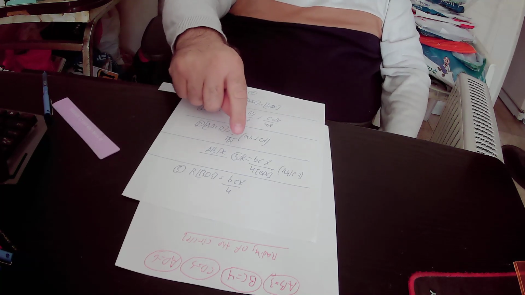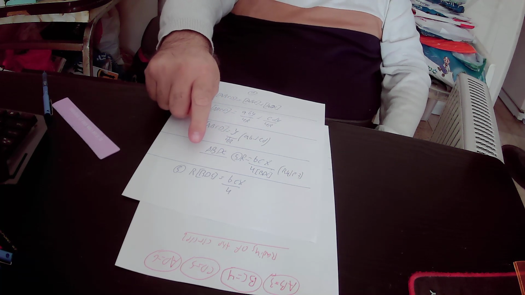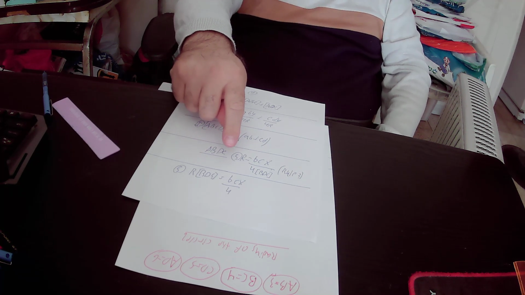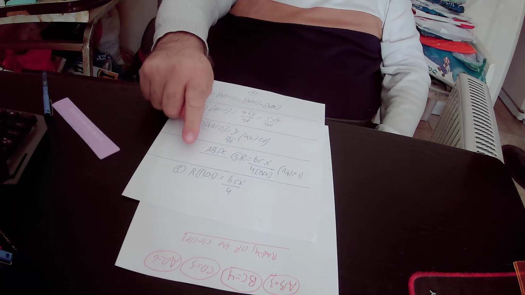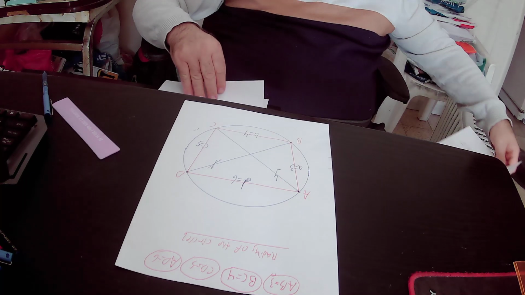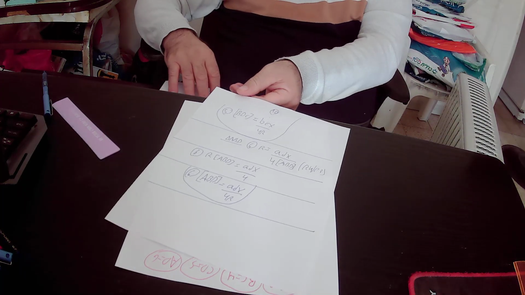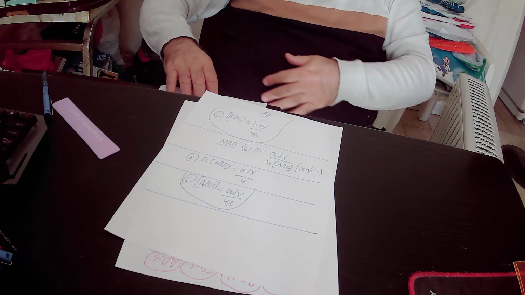We multiply equation number 5 by the area of triangle BDC, and we got that R times the area of triangle BDC equals BCX over 4. Then we divided equation number 5 by R, and we got that the area of triangle BDC equals BCX over 4R.